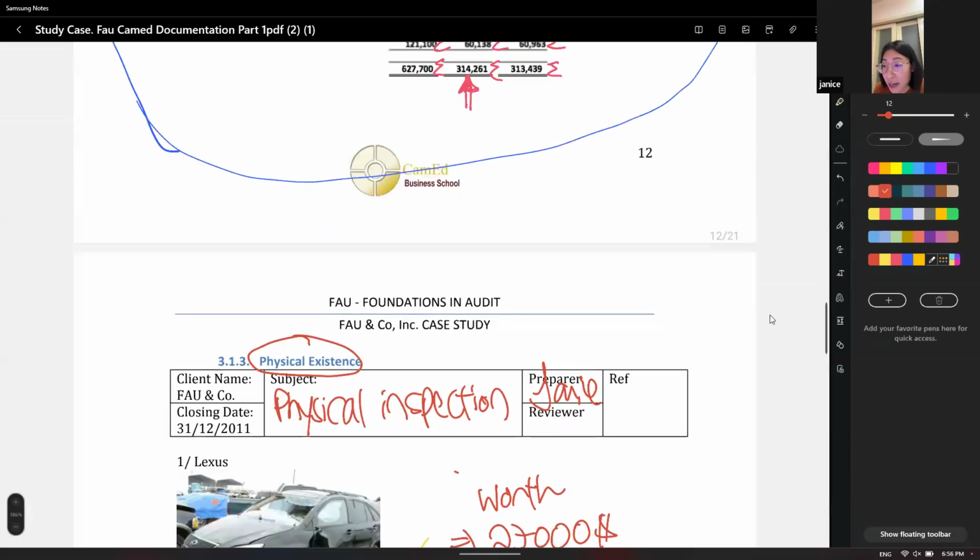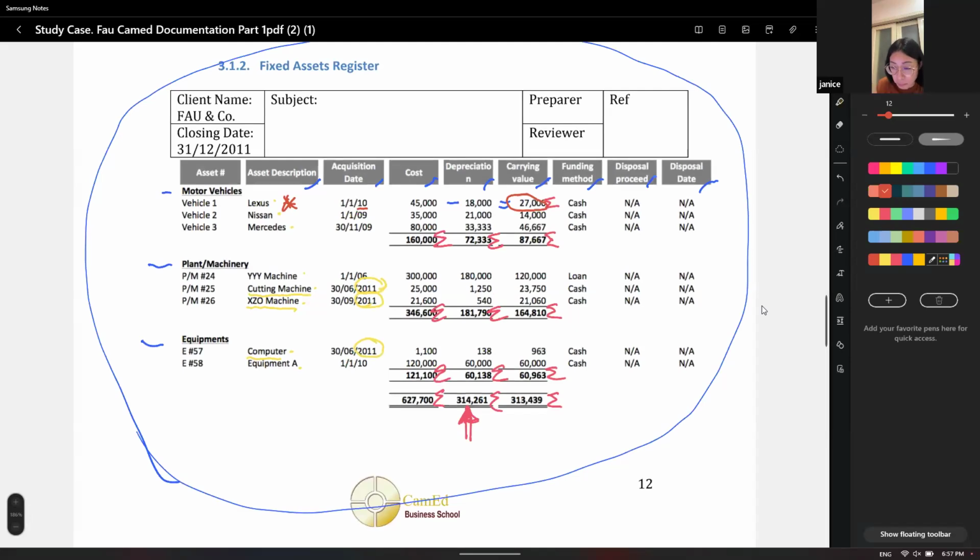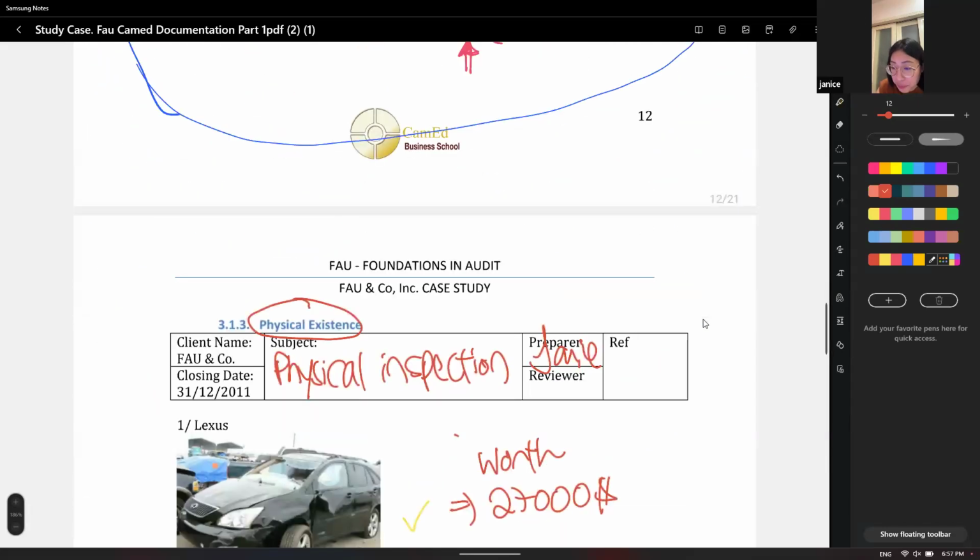So already here, by physically inspecting the car, not only can it help us to verify existence, but it can also help us to inspect the condition. And the condition will affect the accuracy and valuation of the car, right?